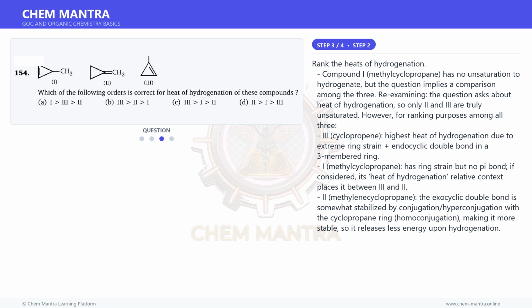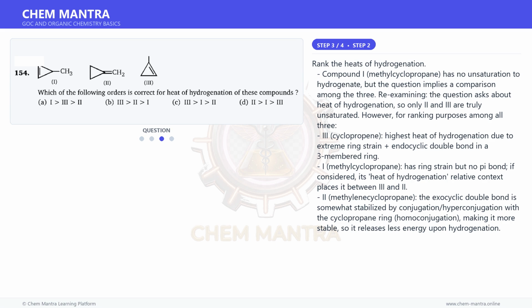Rank the heats of hydrogenation. Compound 1, methylcyclopropane, has no unsaturation to hydrogenate, but the question implies a comparison among the three. Re-examining, the question asks about heat of hydrogenation, so only 2 and 3 are truly unsaturated.